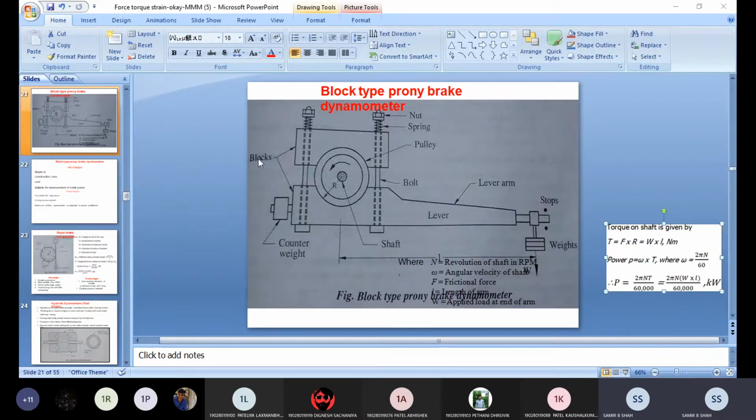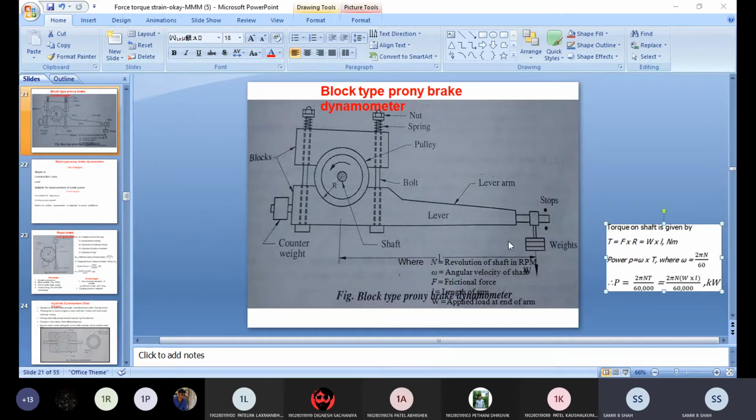The pulley is attached with the shaft, and we are fixing the two wooden blocks with the pulley. One block carries a lever arm, and an arrangement is provided to tie the rope which is connected to the arm. One block is attached with the lever arm, and at the end here the weights are there with the help of counterweight.